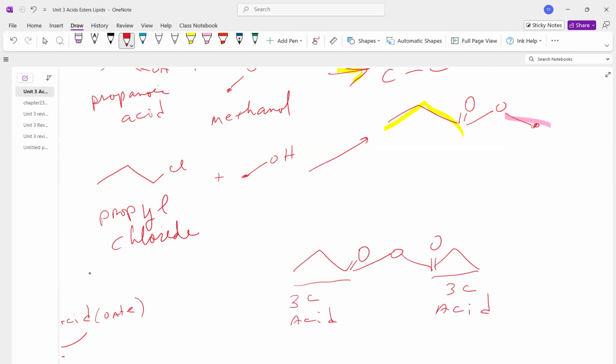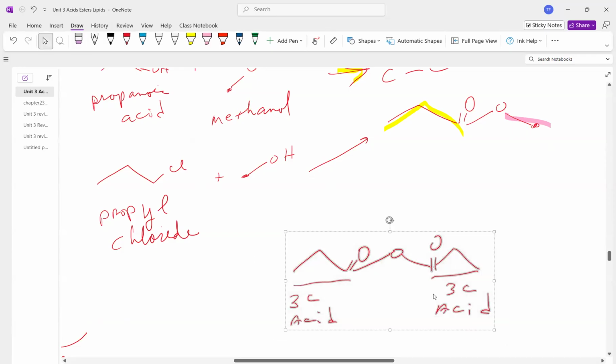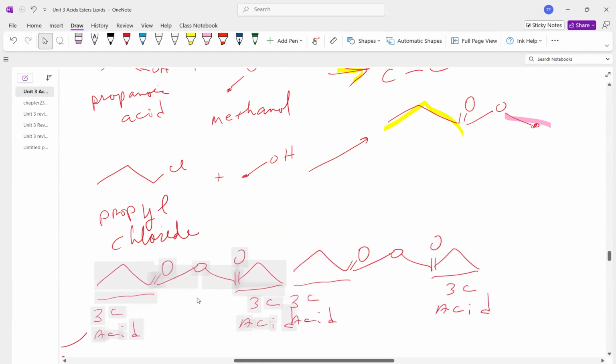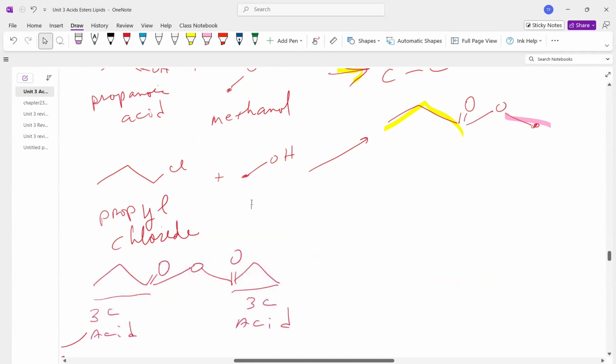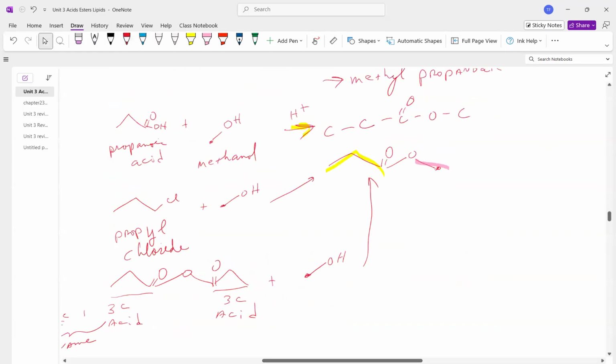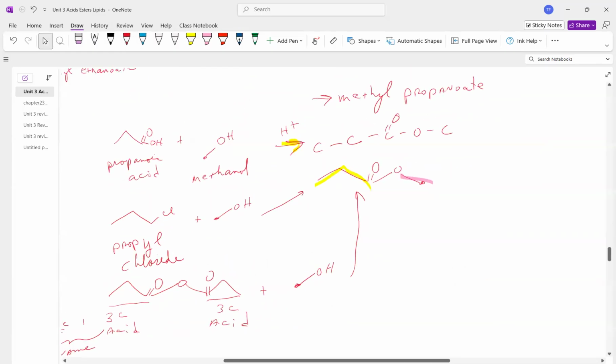Okay, so those are the three ways to make methyl propanoate.